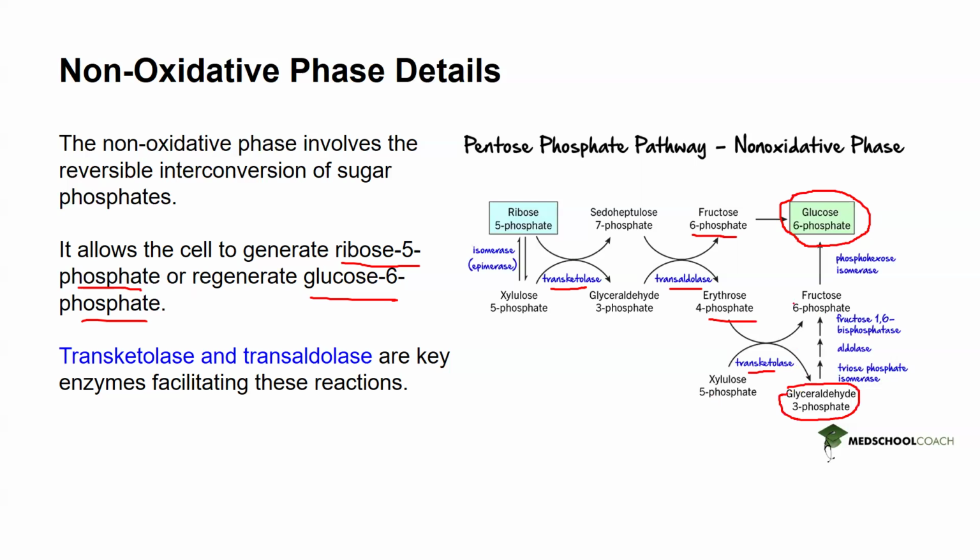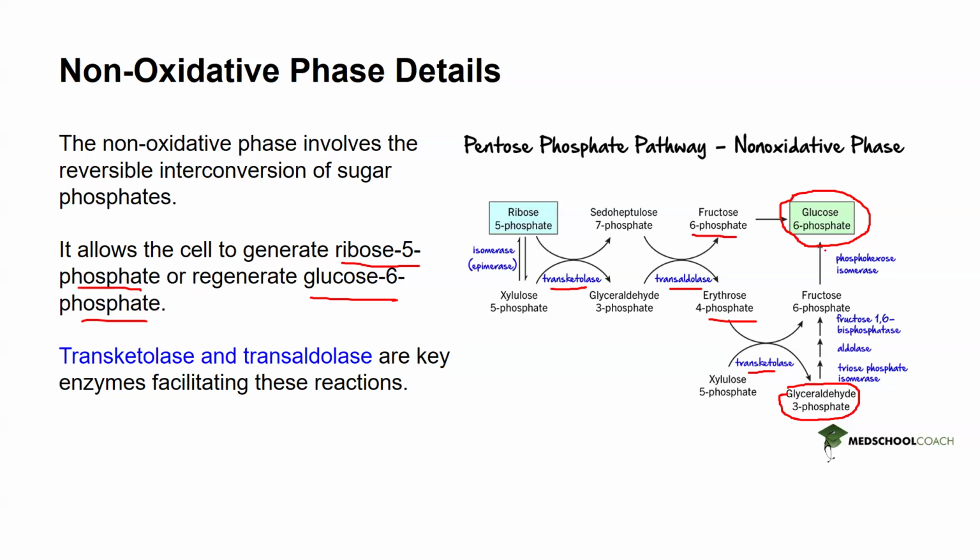And of course, the fructose 6-phosphate, through gluconeogenesis, will now convert into glucose 6-phosphate. And then also at the same time, the glyceraldehyde 3-phosphate generated here will also undergo gluconeogenesis to generate another molecule of glucose 6-phosphate.